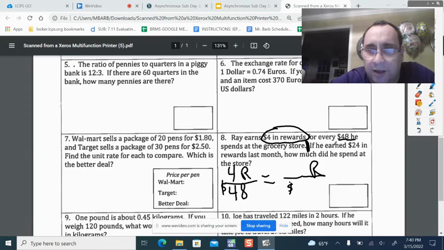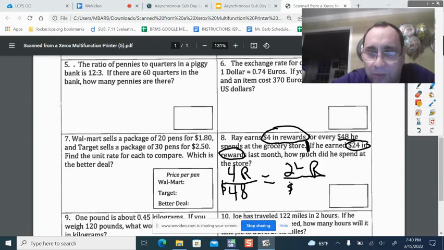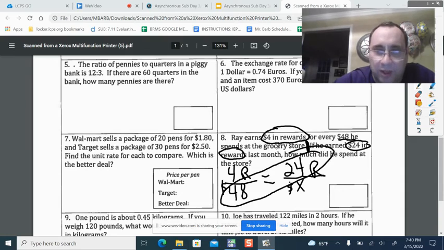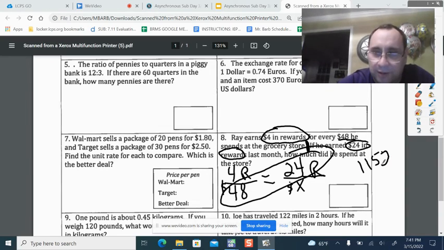All right. If you earn $24 in rewards, there's the tricky part. In rewards, so it's going to be on top because we're talking about rewards. How much did he spend at the store? X. So we're going to take 24 times 48 is 1152. I'm going to write that over here so I don't forget.